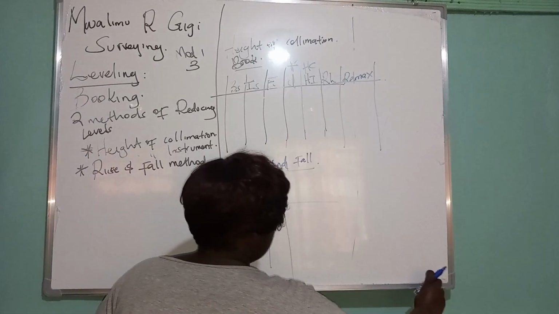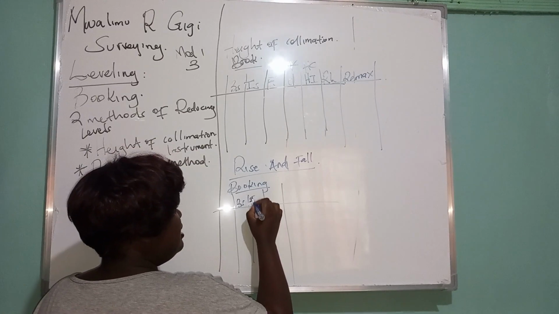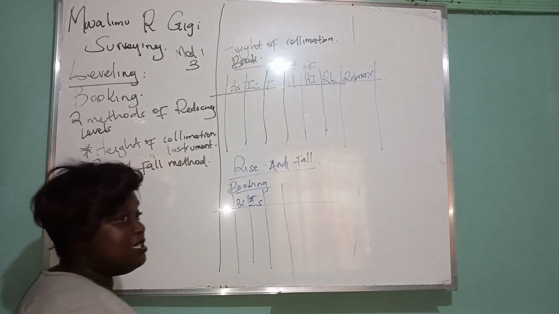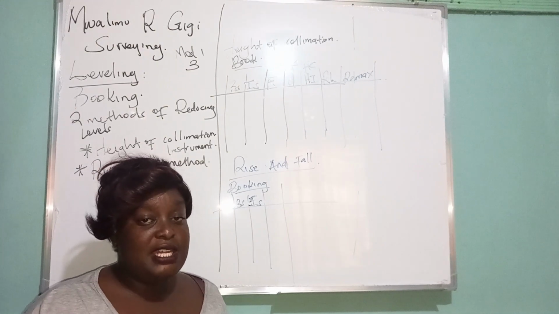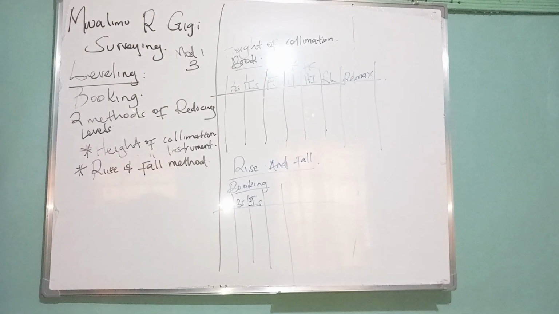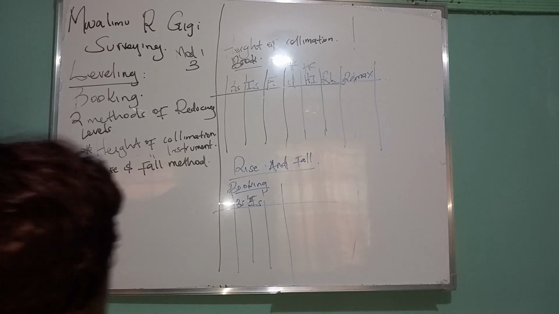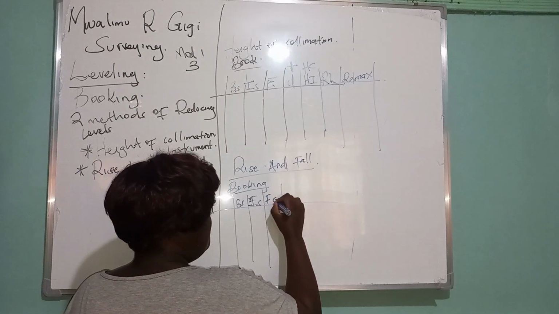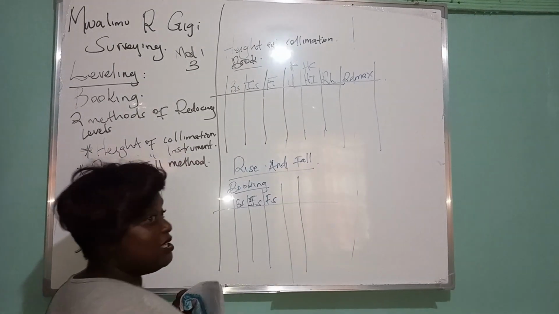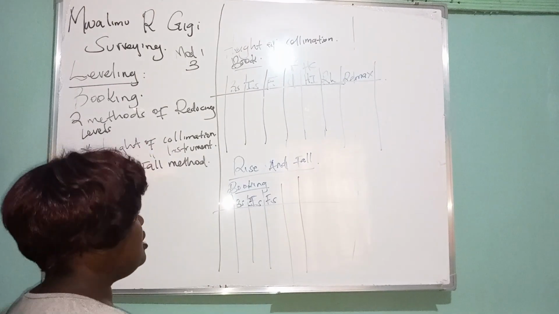Then you have the intermediate sight, any reading between the backsight and the foresight. And then you'll find the foresight, which is the last reading before moving your instrument.